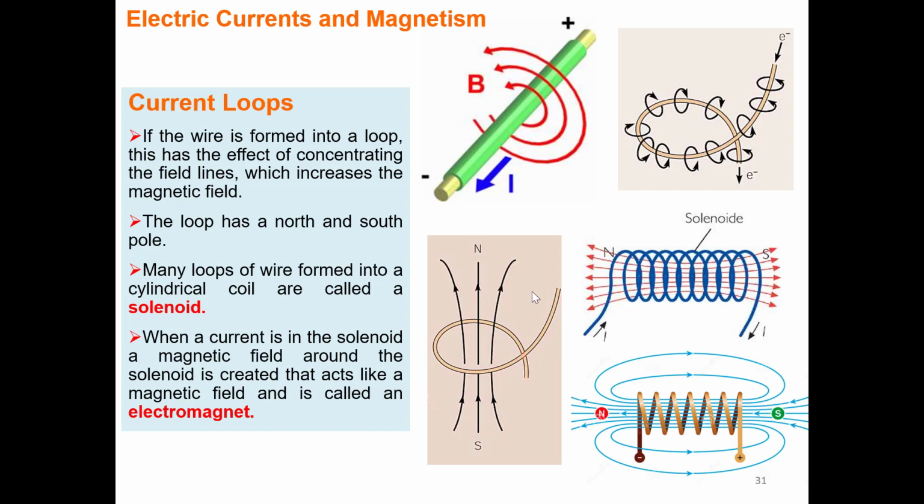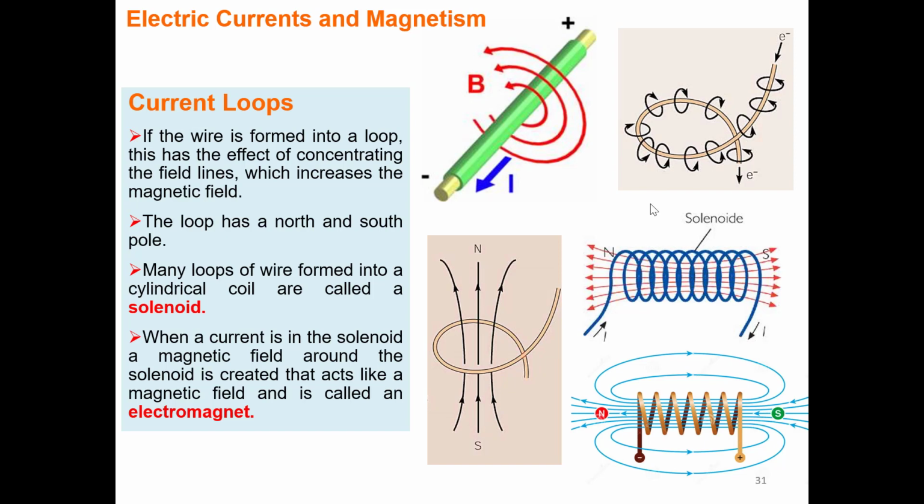Then what happens when, instead of just one loop, you have many loops of wire? You will have more concentration of magnetic field lines, so you will have a higher, larger magnetic field.